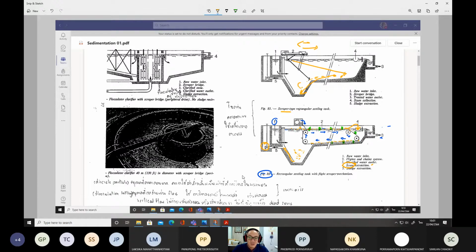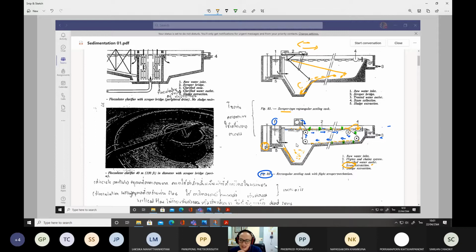Maybe it's not suitable for light particle settling, because in most wastewater treatment plants, the sludge is organic sludge. That is why circular tanks provide better removal efficiency and are much easier to operate. That's why in wastewater treatment plants they prefer to use circular tanks and not rectangular ones like this.